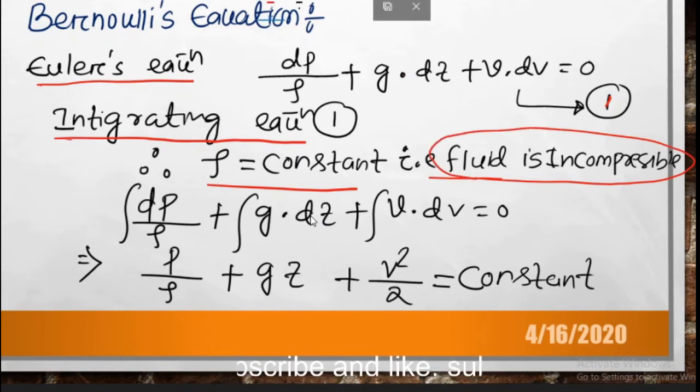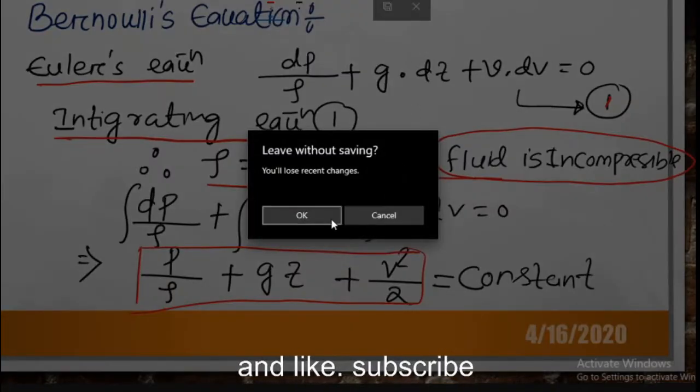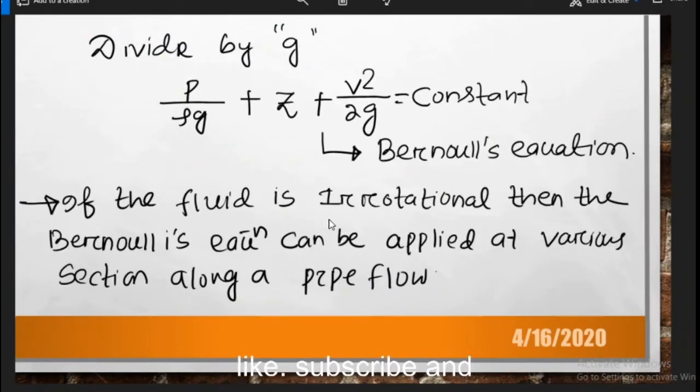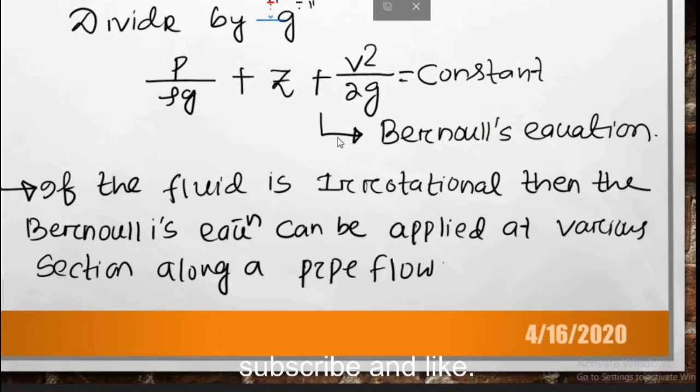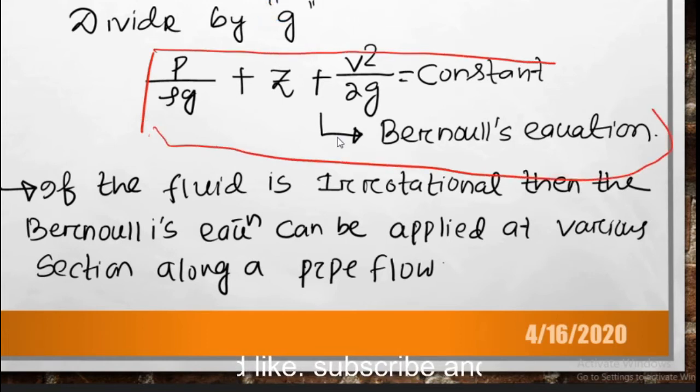If the density is constant, then you can do the integration. So now if you integrate, the final equation comes out to be p by rho, and if you rewrite this equation again, this is p by rho g plus z plus v square by 2g equal to constant.